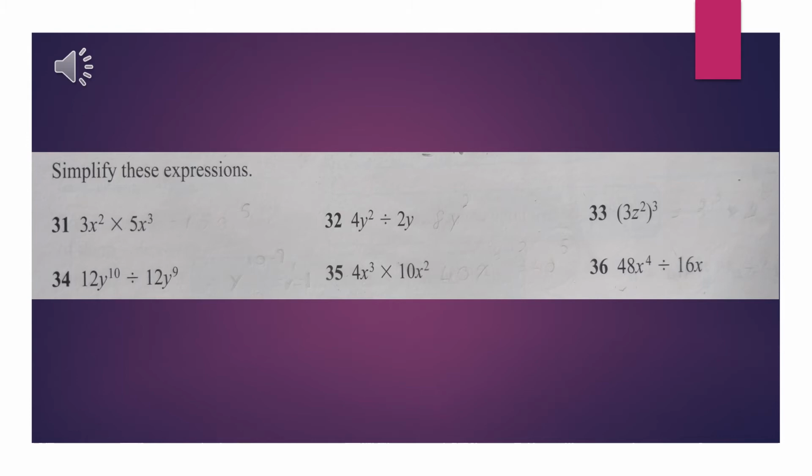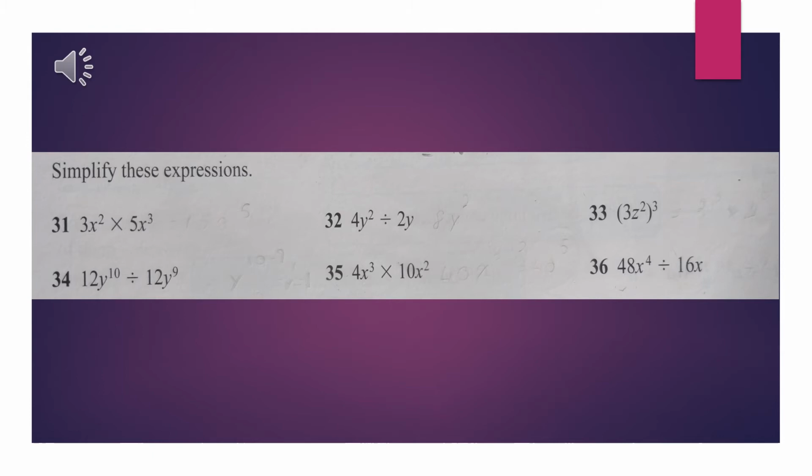Question 33, an example for the third law of indices: 3z to the power 2, to the power 3. These are the type of questions, especially for the upper grades, Form 5 upper and lower students. They will write the answer as 3z to the power 6, but they are not multiplying 3 to the power 3.